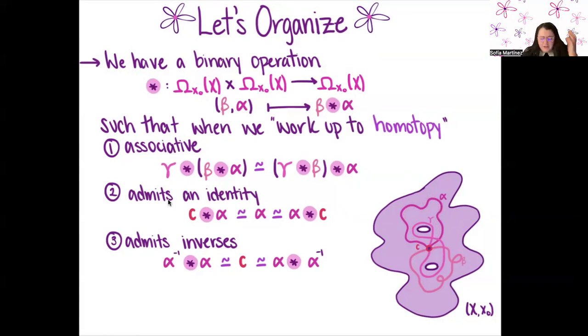And lastly, it also admits inverses. As you can maybe tell by the way I've been drawing these loops, there is some directionality to them. They have a way they go, and hence there's a loop backwards.